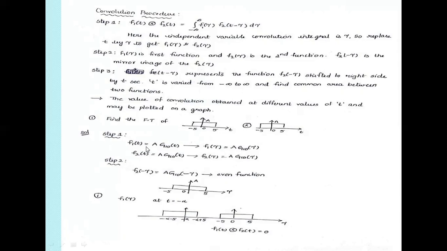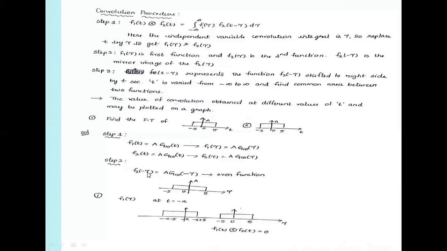Step one: f1 of t is equal to A, where A is the magnitude, and let us take the gate function g10 of t. f1 of tau is equal to A into g10 of tau; A is the magnitude, and we change the t values to tau values. And f2 of t is A into g10 of t, f2 of tau is A g10 of tau; again here the t changes to tau.